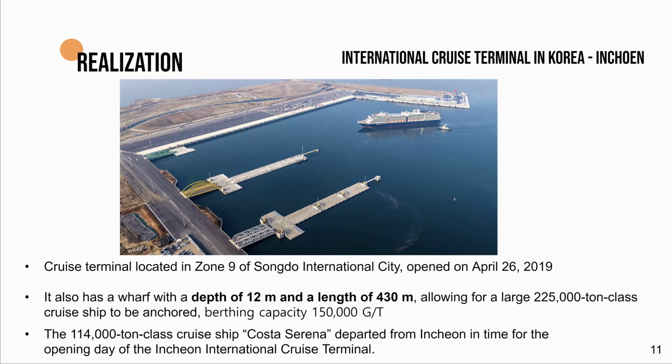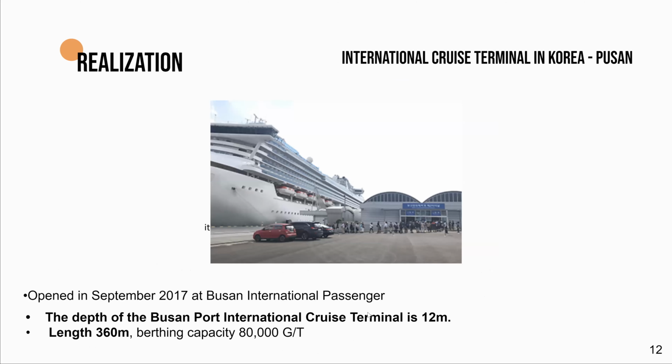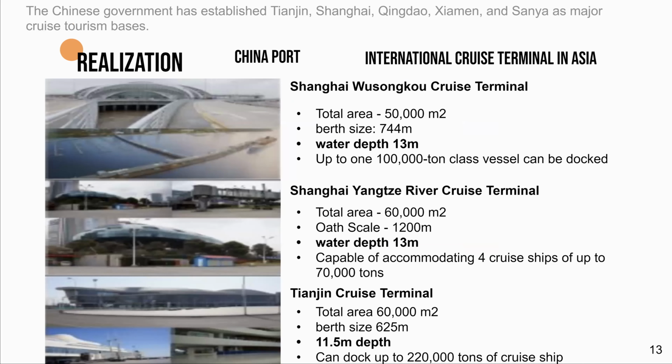For example, in Korea, the international cruise terminal in Incheon has a water depth of about 12-meter and a length of 430 meter. Busan has a slightly smaller port. It can accommodate a ship of a length of 360 meter and has a water depth of 12-meter. We also looked at other international cruise terminals in China.